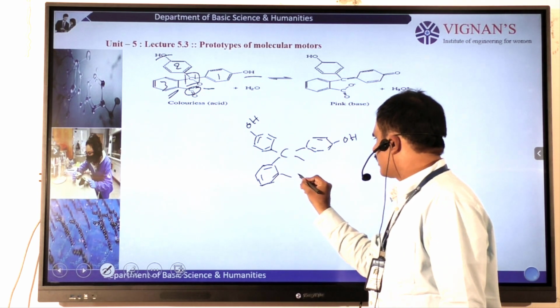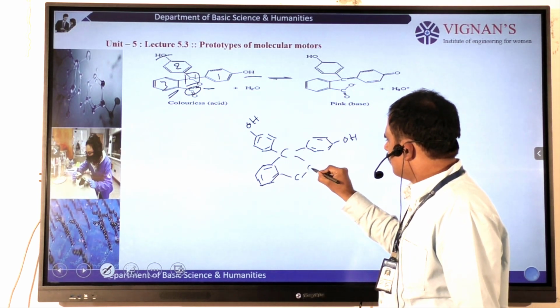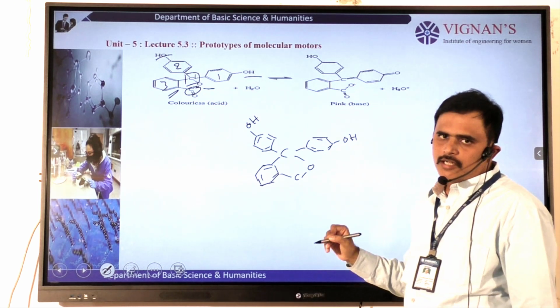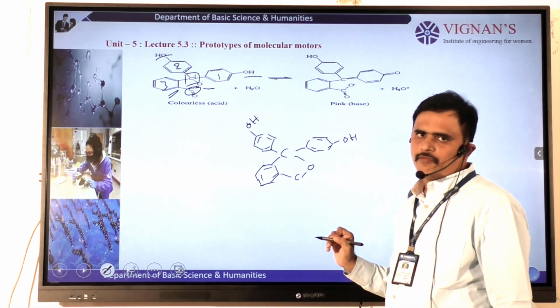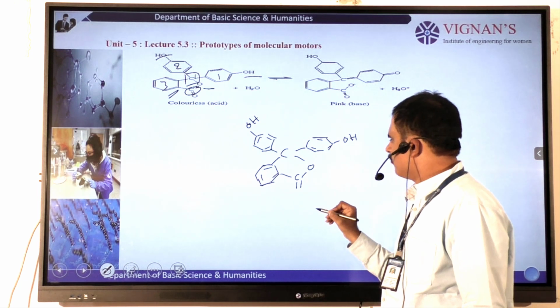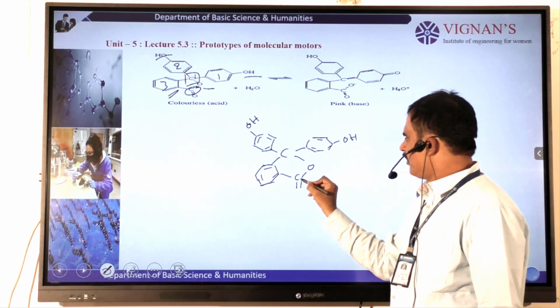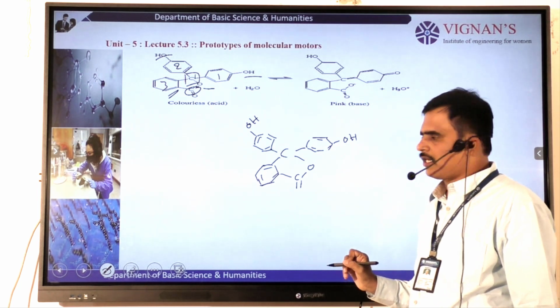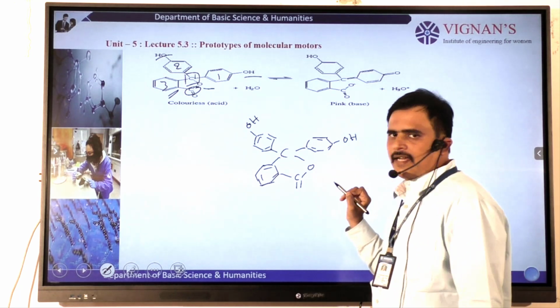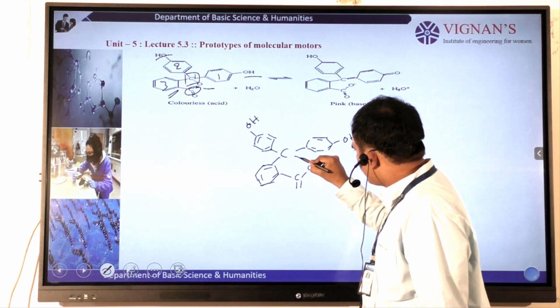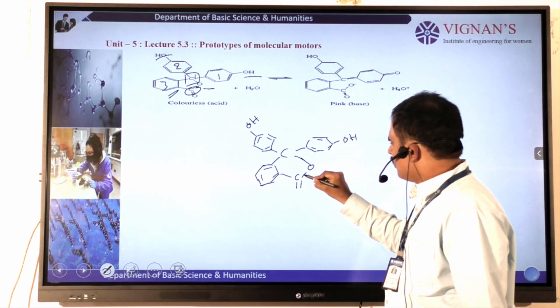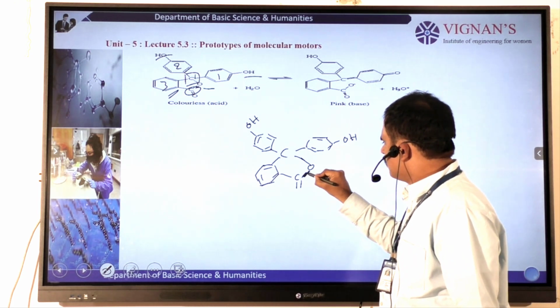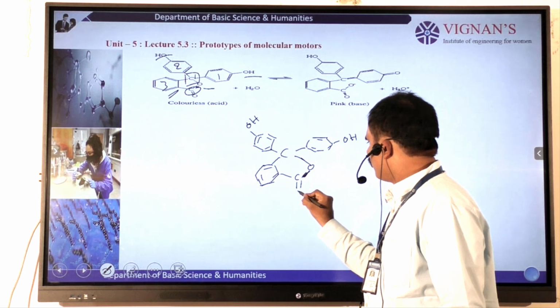I take one carbon here and oxygen here. This carbon also has 4 valence, so I give a double bond here and another double bond at the downside of that carbon. This oxygen valence is 2, so it is bonded with a single bond, and here C double bond O is formed.